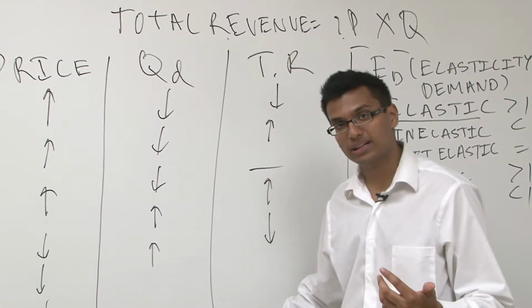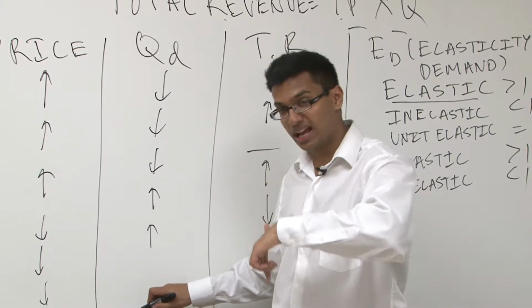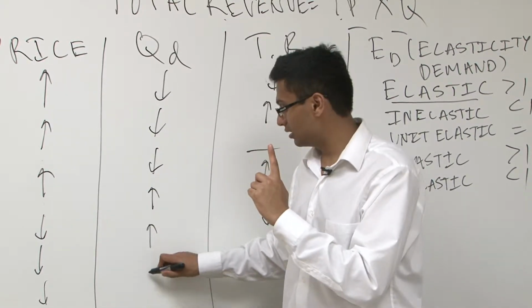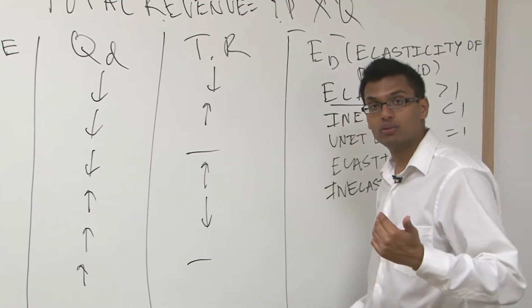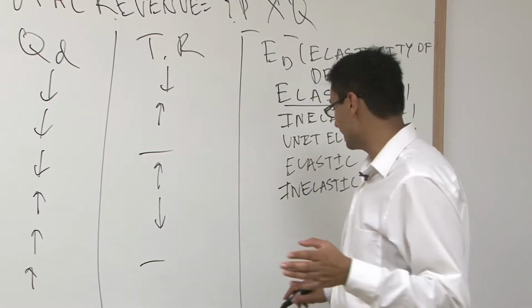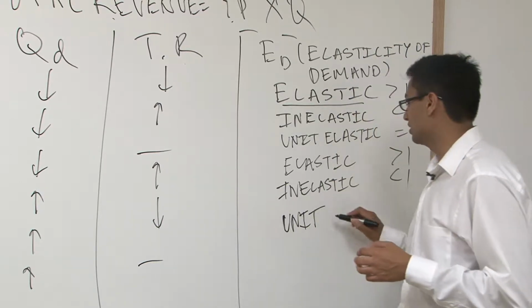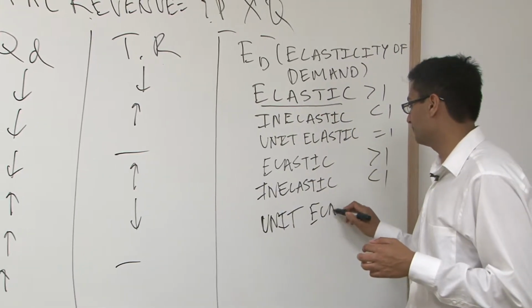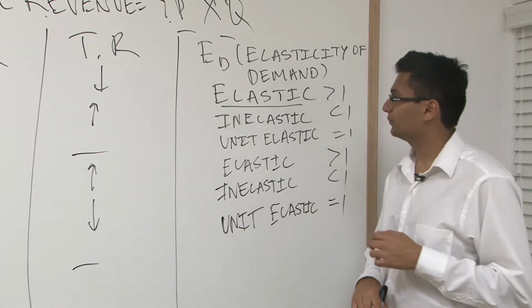Price went down, my quantity demanded goes up, right? TR stays the same, right? Constant, right? What that means is that it's unit elastic, okay? So when the changes kind of cancel out each other, it means that it's unit elastic. Or equal to 1, okay?